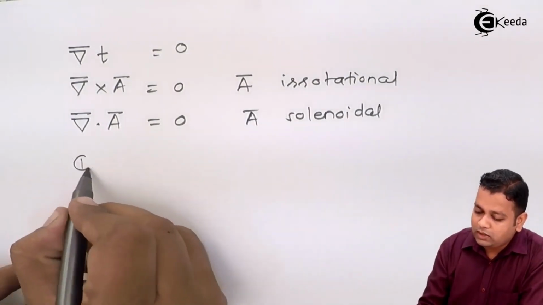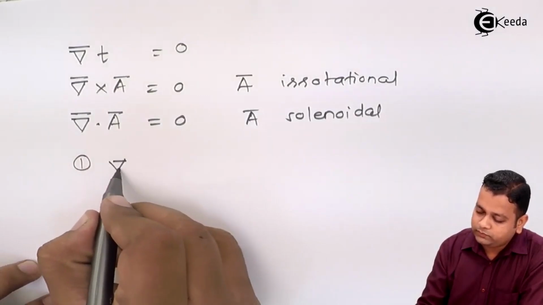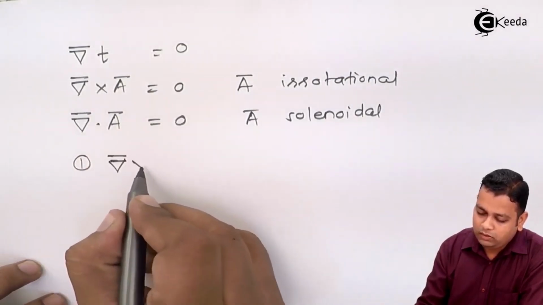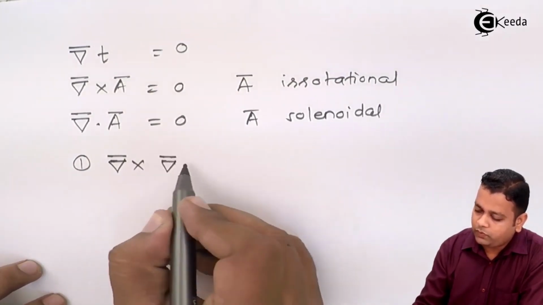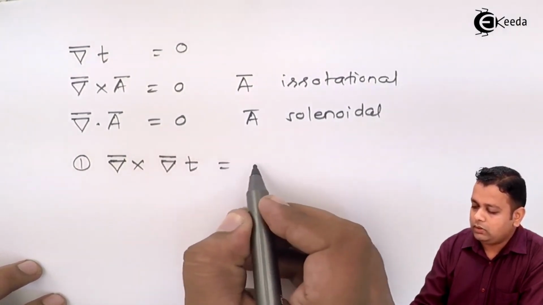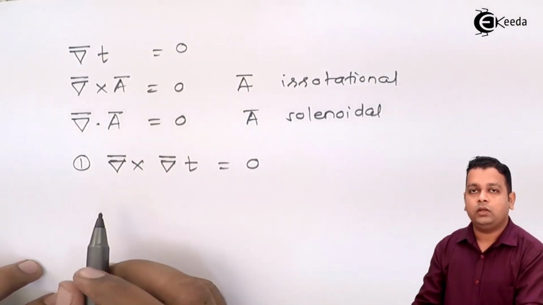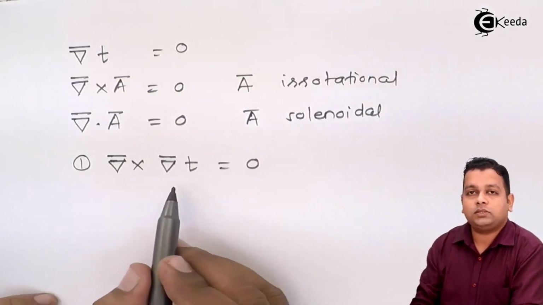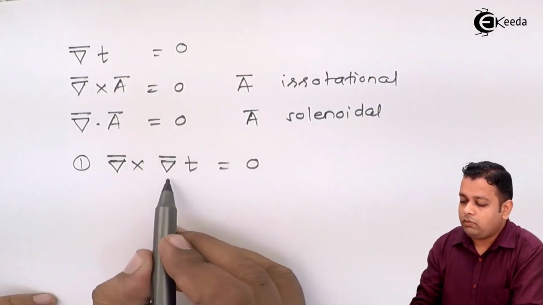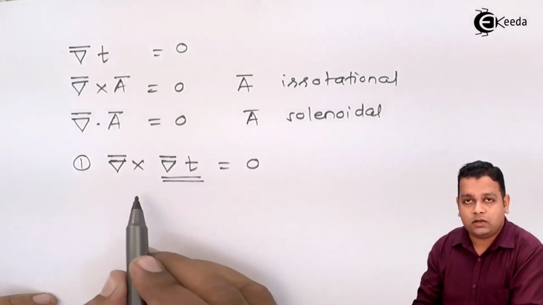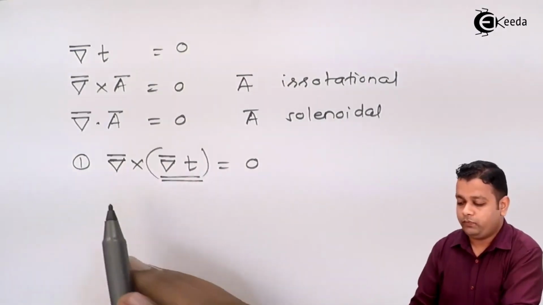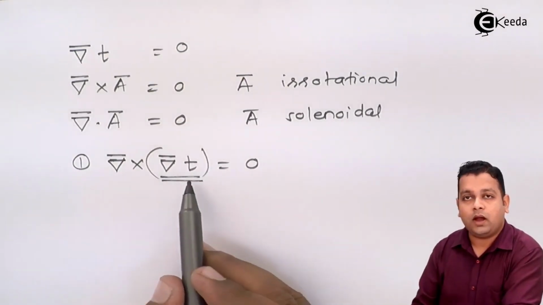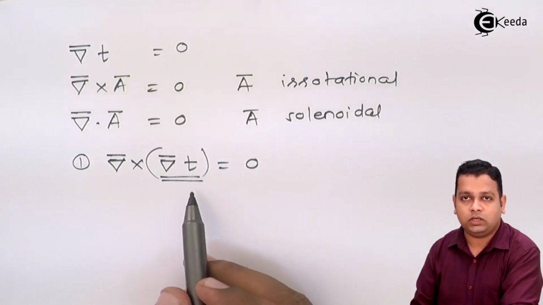The first vector identity I have, that is del bar cross of del bar t, this is equal to 0. Now if you see the left hand side of this identity, del bar t, this is gradient of t. So here it is curl of gradient of a scalar quantity t.